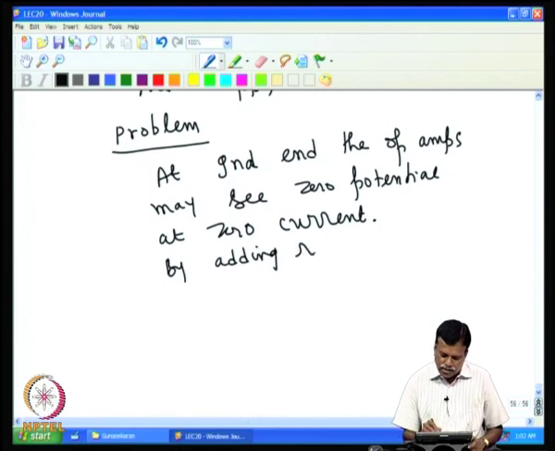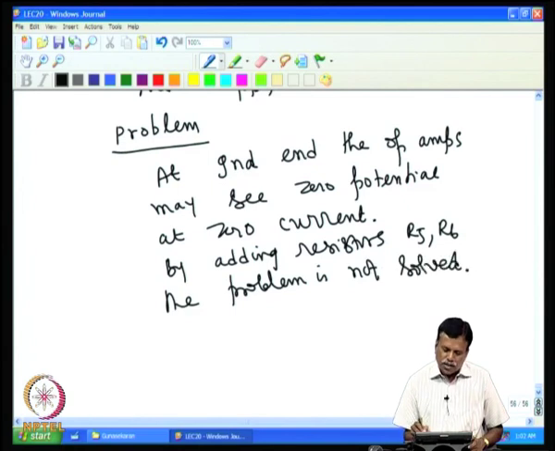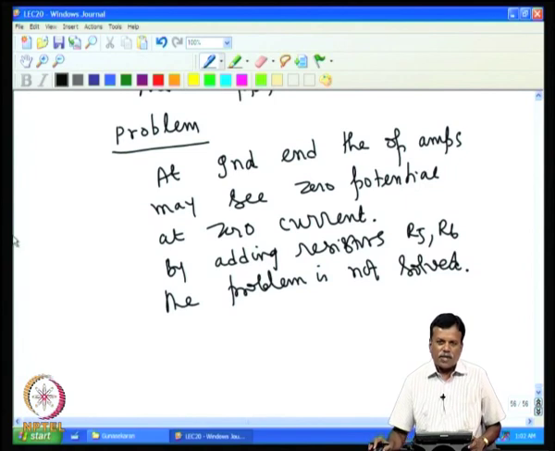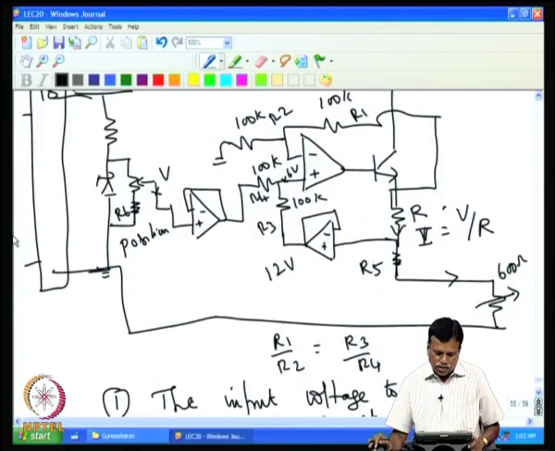Adding resistors R5, R6, the problem is not solved. We have not found a solution for this, but nevertheless we are better off compared to our earlier circuit. So, we have to see how to resolve these issues.